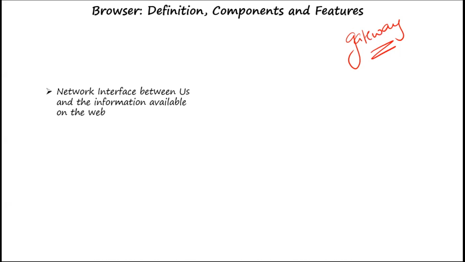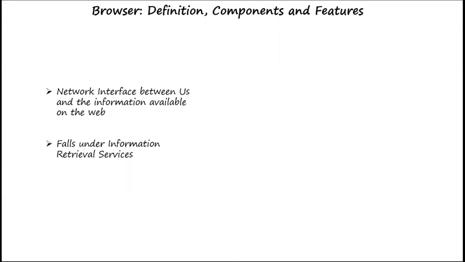So let's see an example. It's like an interface between us and the information available on the web, just like an intermediate gateway. So remember this. Next, how it works: it works under information retrieval services. What are information retrieval services? It is one of the internet services that we studied.